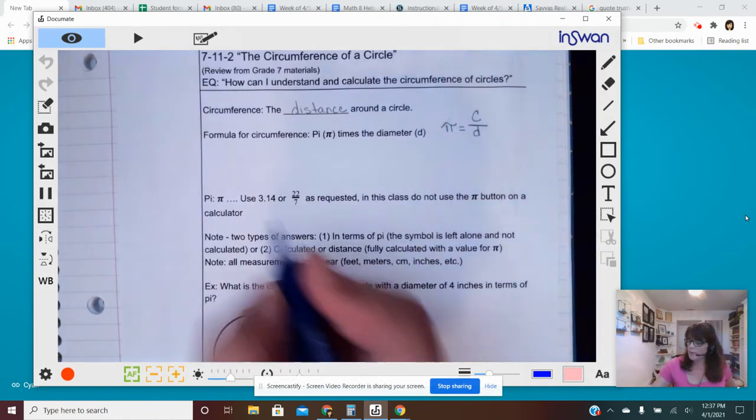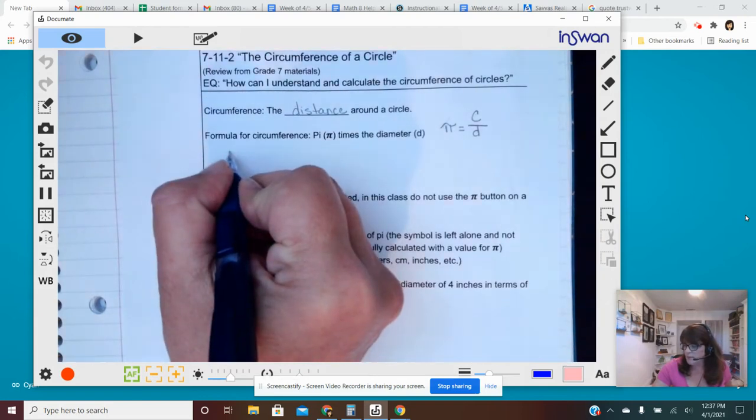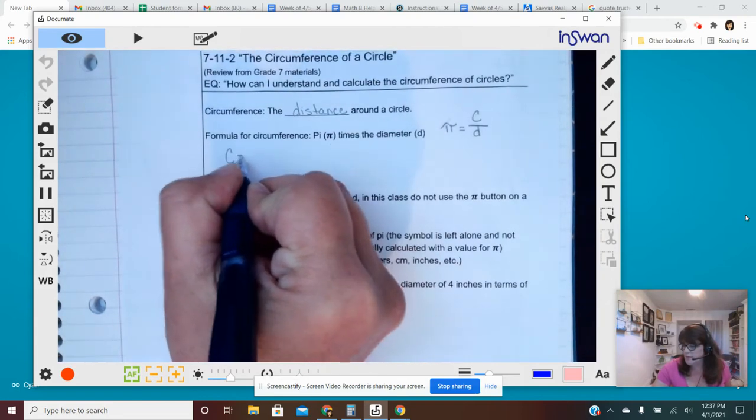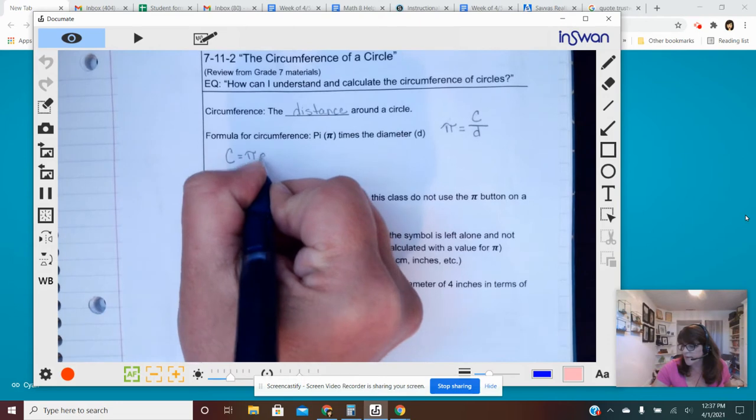So normally we write this formula, circumference equals pi times diameter.